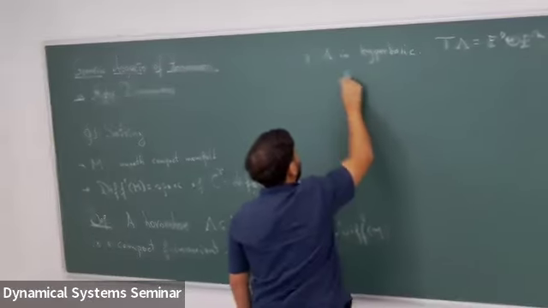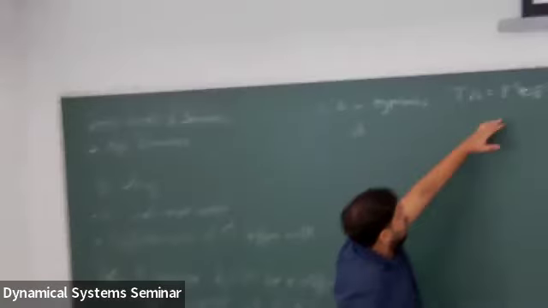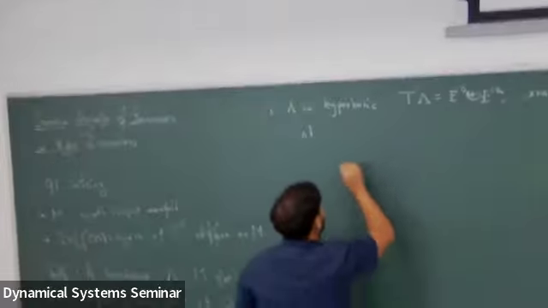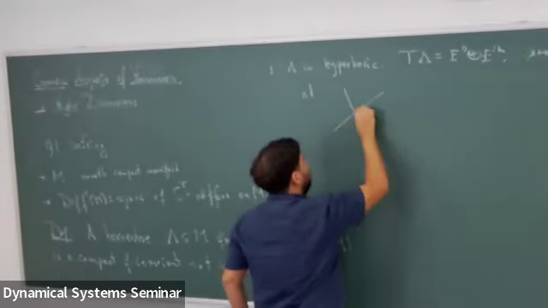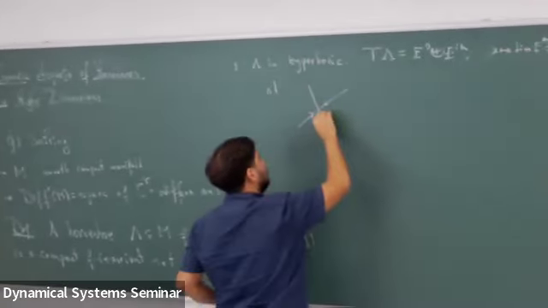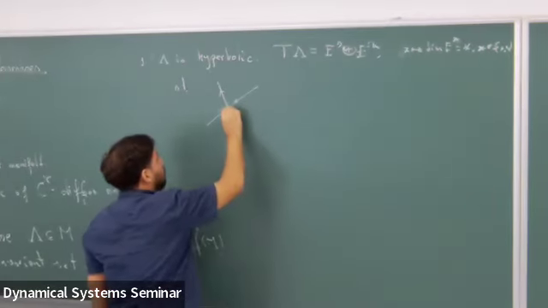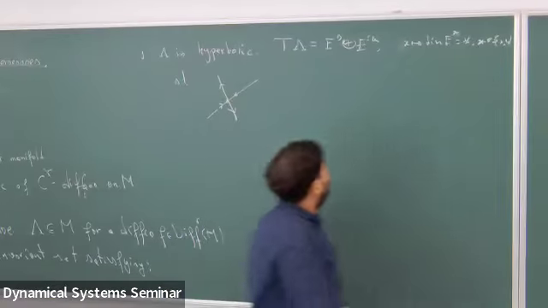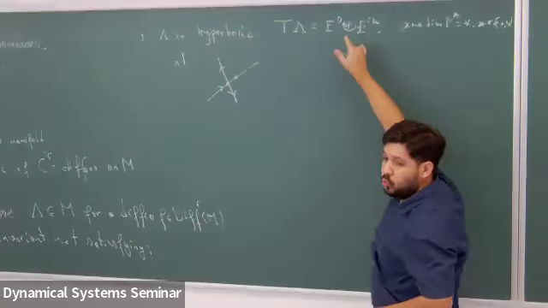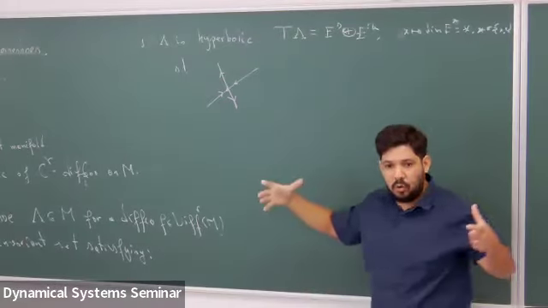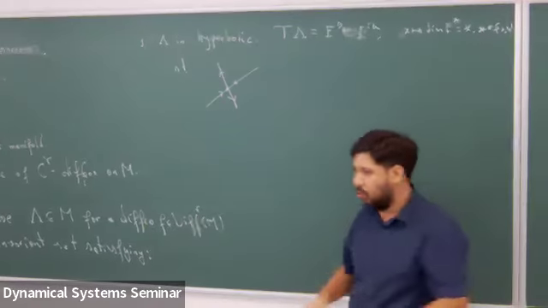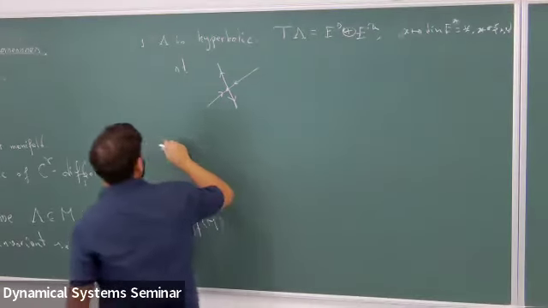What you see locally around a point in the tangent space is the following picture: you have a contraction along one of the subspaces, and you have an expansion along the other. I do assume that I have a non-trivial splitting, meaning that I don't have contraction only or expansion only. That's the basic first property.